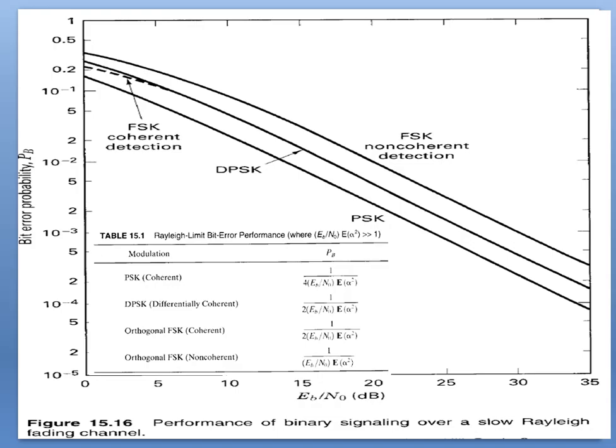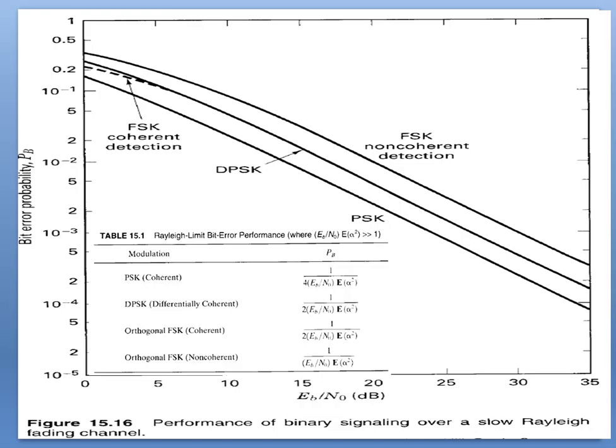Each of the signaling schemes manifests a waterfall-shaped performance plot under AWGN interference. In this performance, an inverse linear function results from the Rayleigh fading channel.